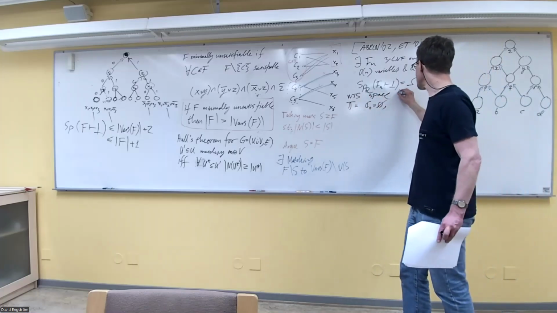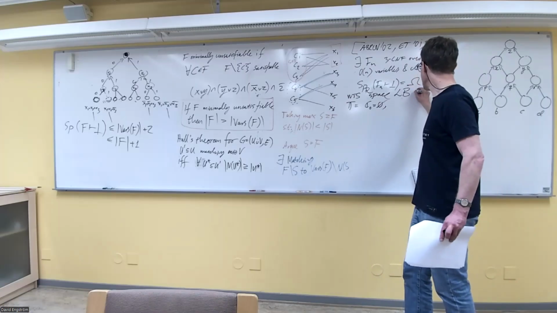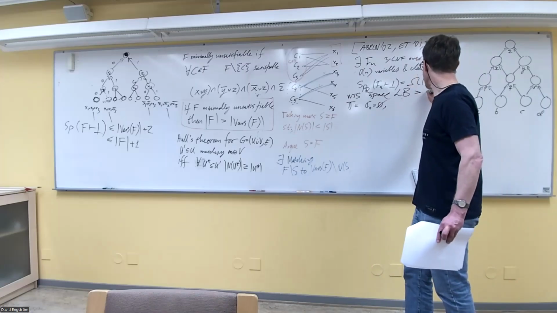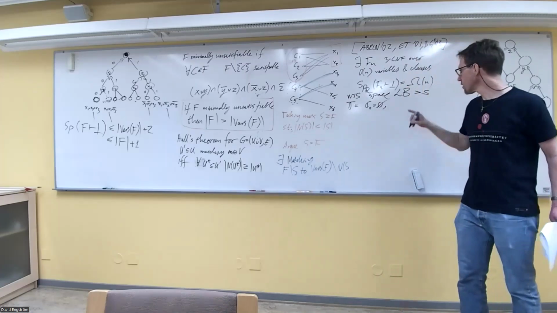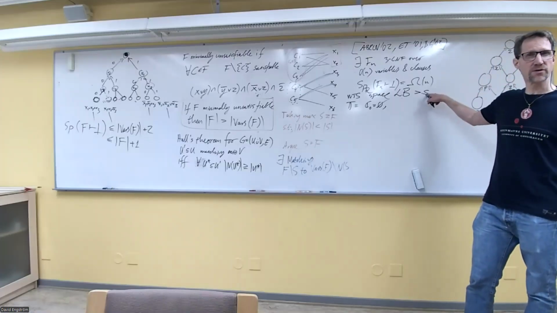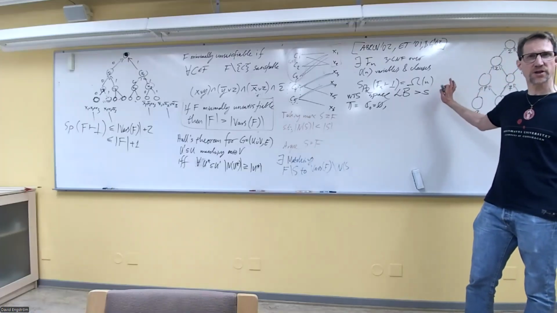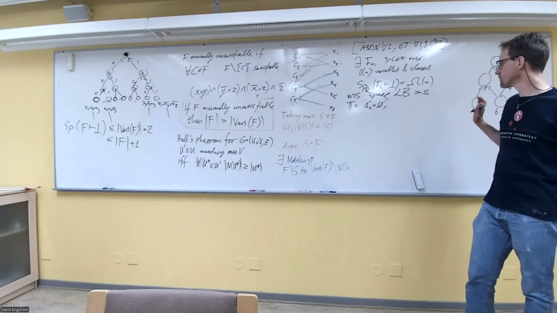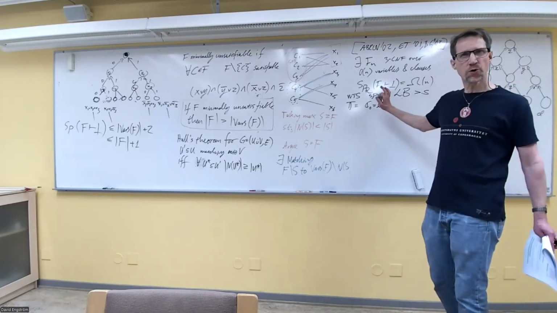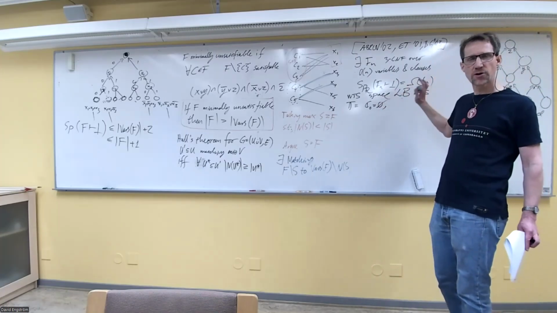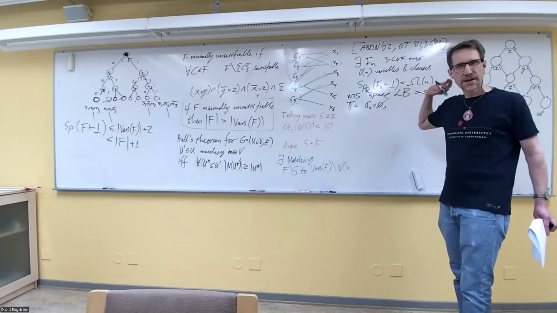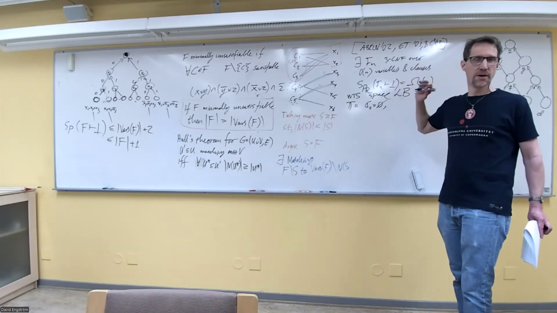So I want to show a space lower bound strictly larger than S. Lowercase s will tend to be my clause space parameter. When you see an S floating around, that's clause space. Okay. So I want to prove that the clause space complexity of refuting F is strictly larger than S.